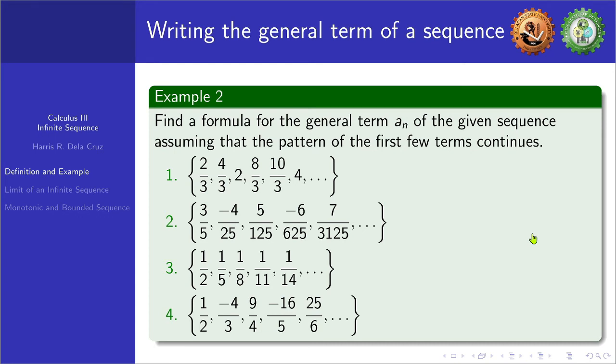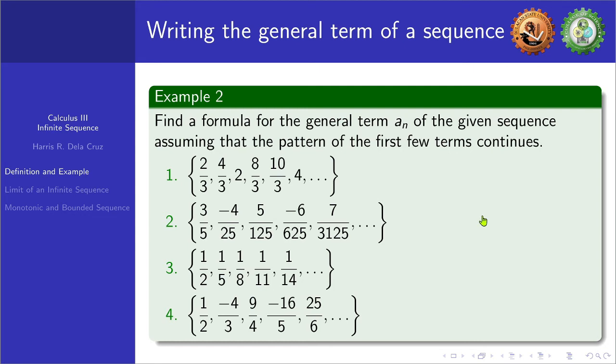Let's find a formula for the general term a_n of the given sequence, assuming that the pattern of the first few terms continues. The first sequence is given by 2 over 3, 4 over 3, 2, 8 over 3, 10 over 3, and 4. The second sequence: 3 over 5, negative 4 over 25, 5 over 125, negative 6 over 625, 7 over 3,125.